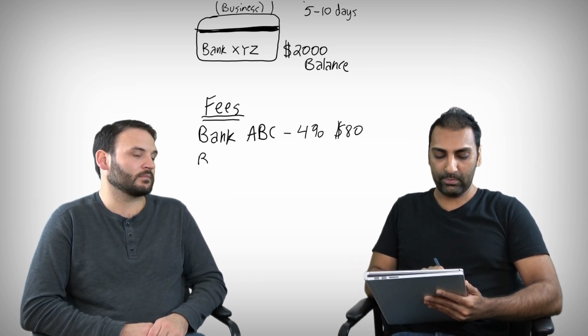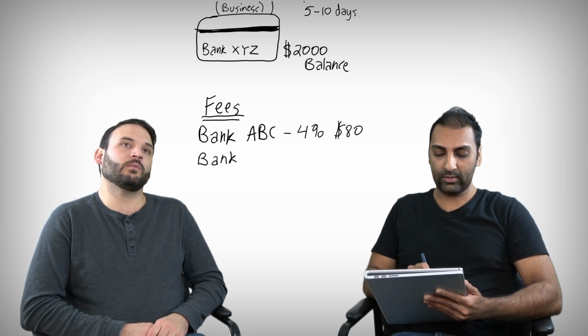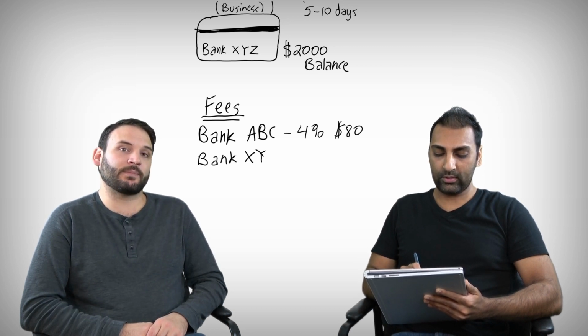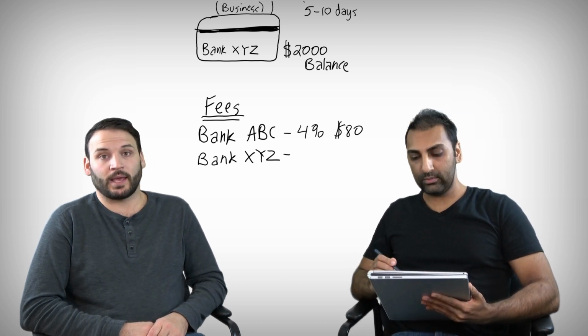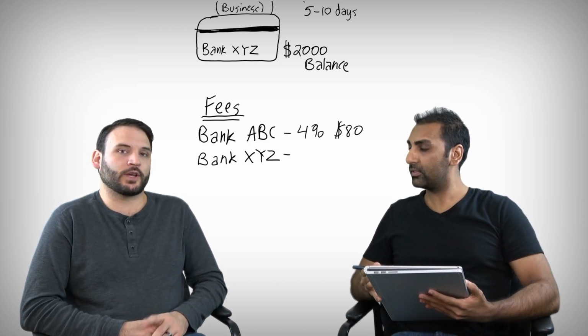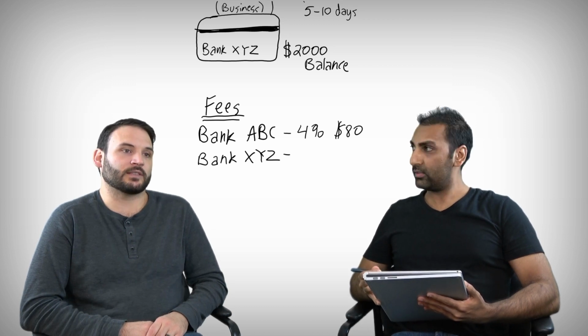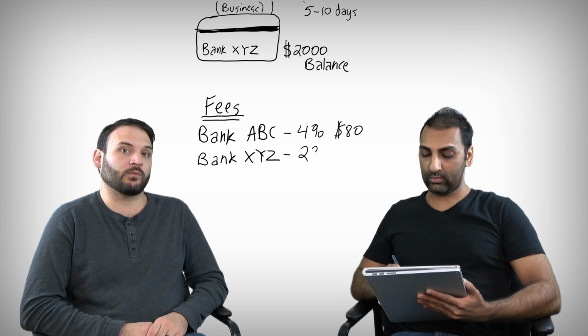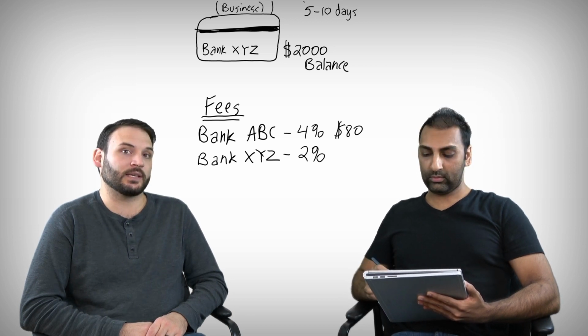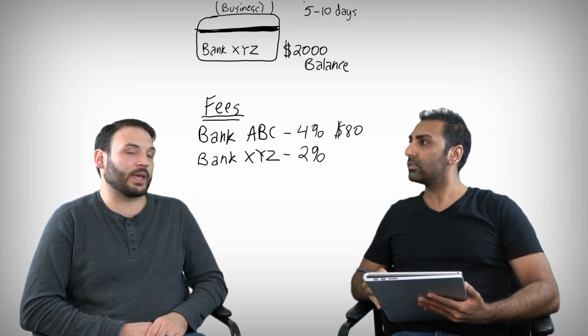All right. Now, what about Bank XYZ? When the balance transfer is made to Bank XYZ, Bank XYZ is going to collect their balance transfer fee. Balance transfers are less expensive than cash advances, so you're probably going to see a 2% balance transfer fee when you use Bank XYZ to pay off the balance owed on Bank ABC.